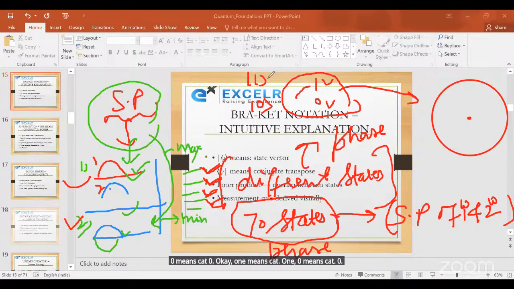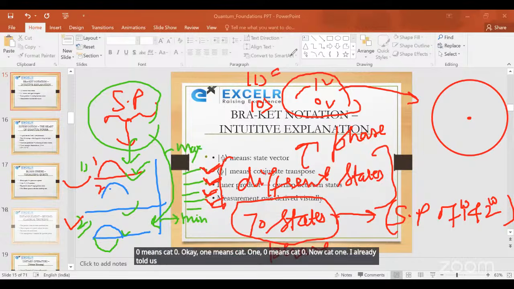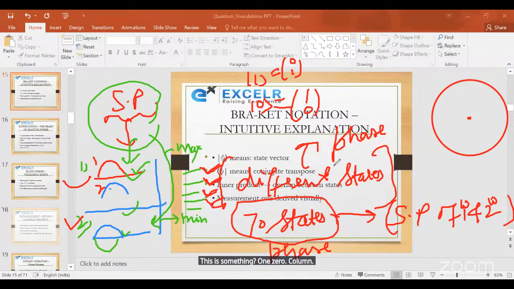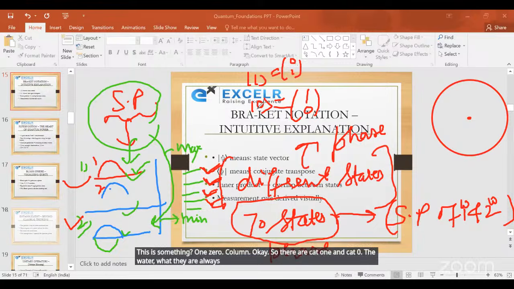Now ket 1, I already told us, is a column matrix with entries 0, 1, and ket 0 is a column matrix with entries 1, 0. Always remember, if it comes 50 times, then it will be embedded in your mind.